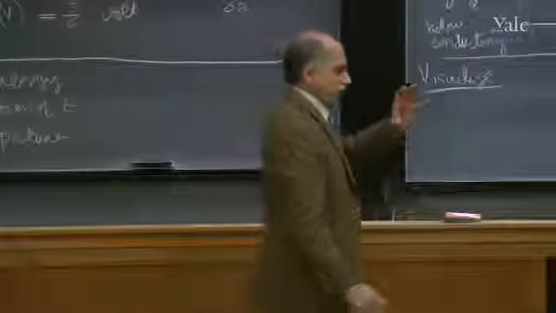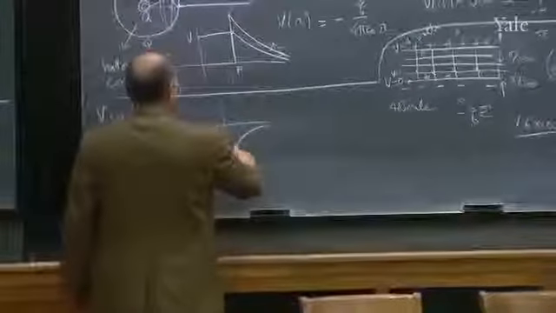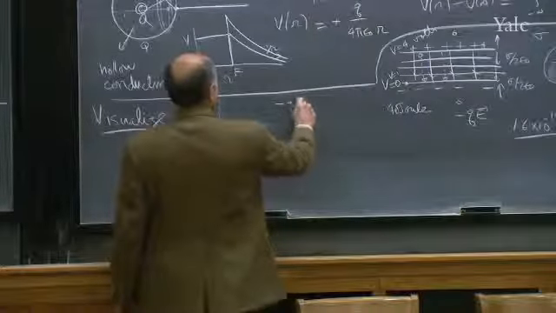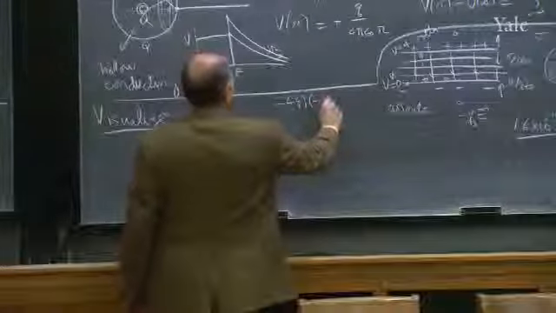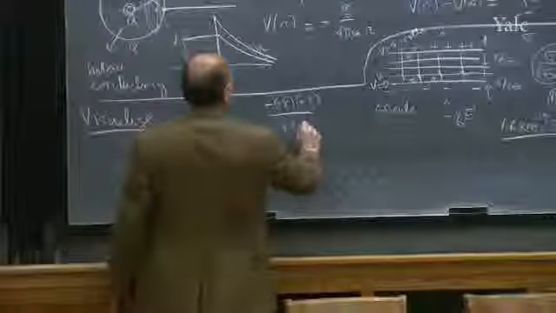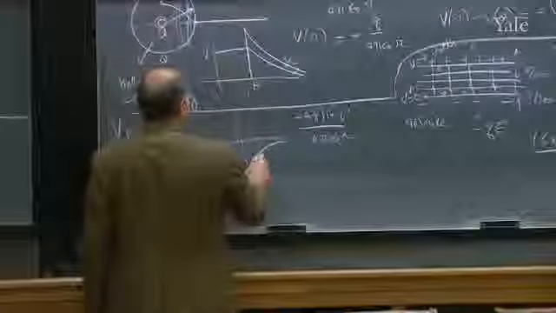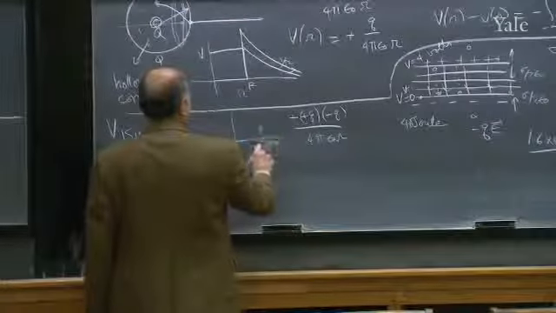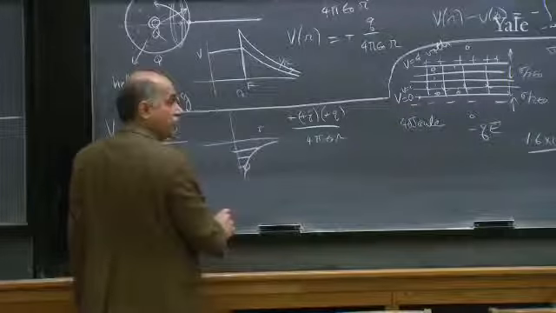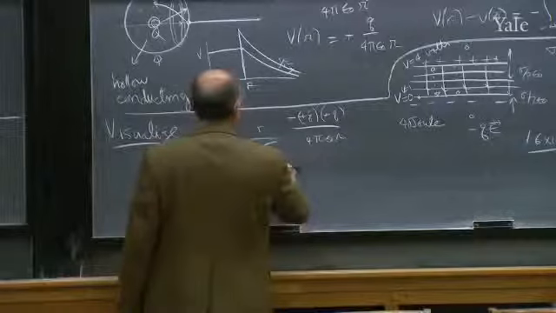For example, in the hydrogen atom, the Coulomb potential is negative because the charge at the origin is a proton, plus Q, and the electron has minus Q divided by 4 pi epsilon 0 R. That's the potential. And in quantum mechanics, only at certain radii can you have electrons. So the lowest electron is somewhere here, and they say it is minus 13 point something electron volts.